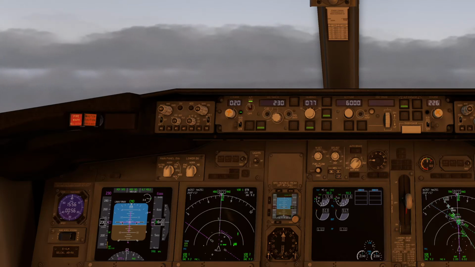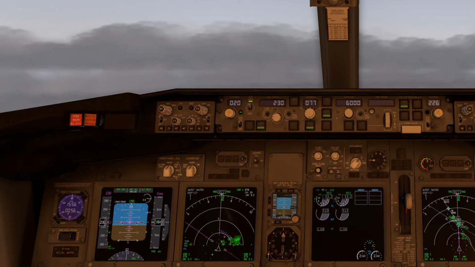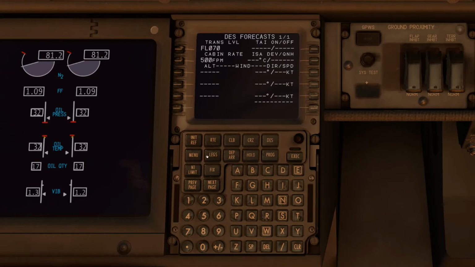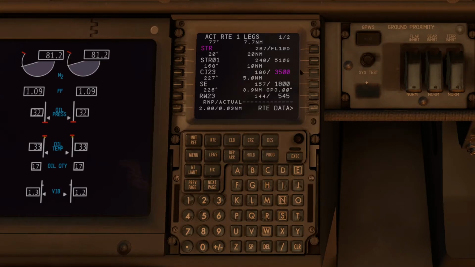So for the first approach fix, we should be at 3,500. See if we have some restriction on the legs page. 3,500. That was correct.